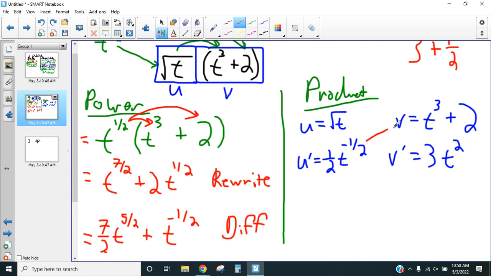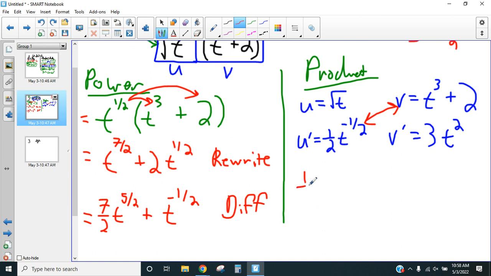So now we can combine. Let's use our product rule, right? Derivative of the first times the second. Very messy. Plus the other combination.